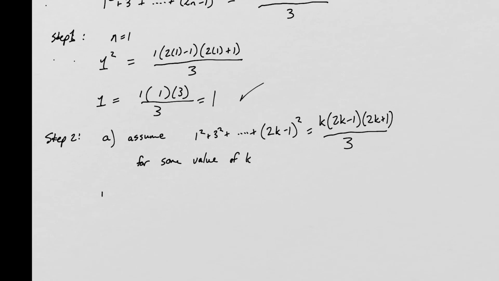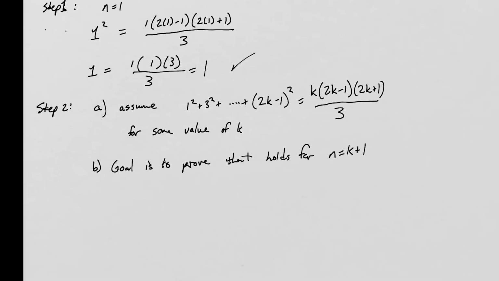So our goal is to prove that this will hold for k plus 1, that this holds for n equals k plus 1. So in other words, we're trying to show that 1 squared plus 3 squared plus ... plus 2k minus 1 squared plus 2 times k plus 1 minus 1 squared.